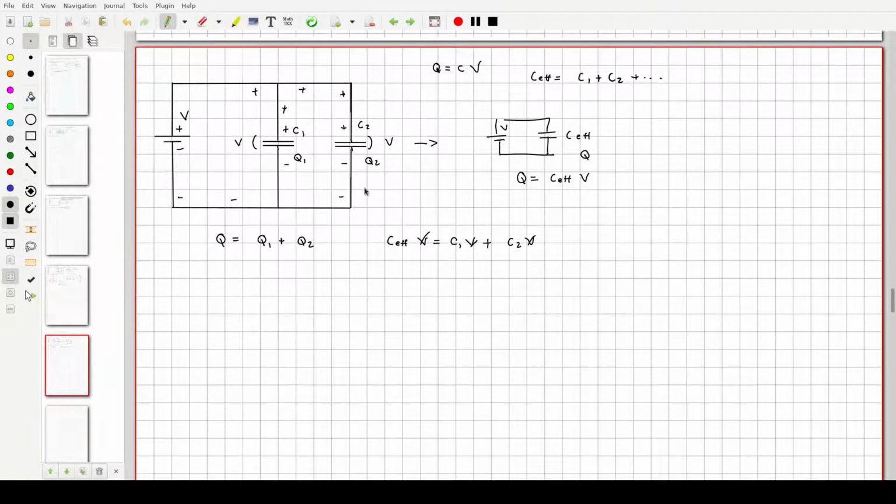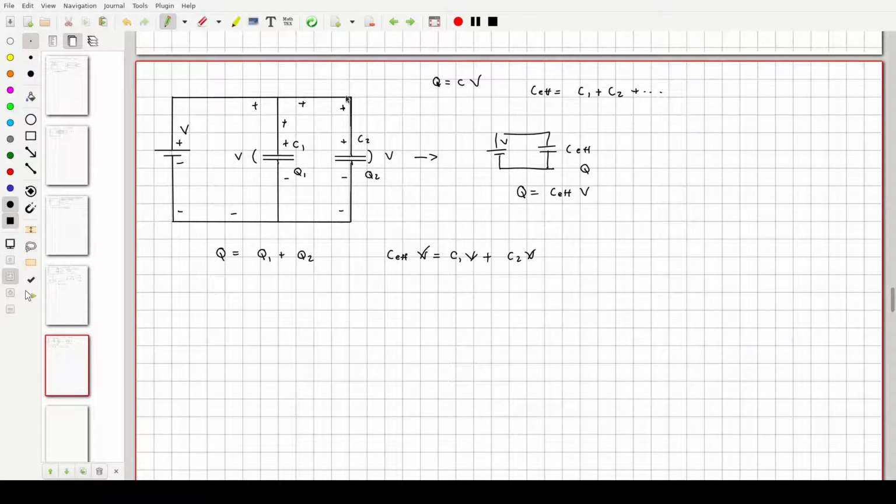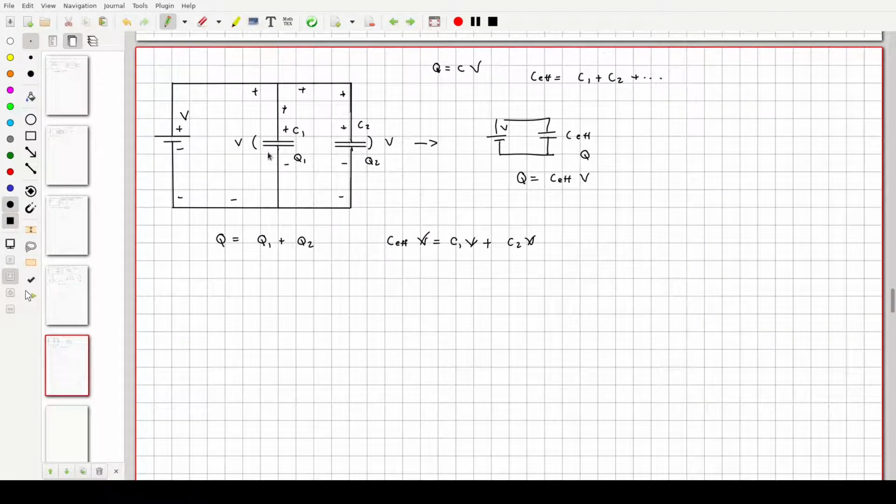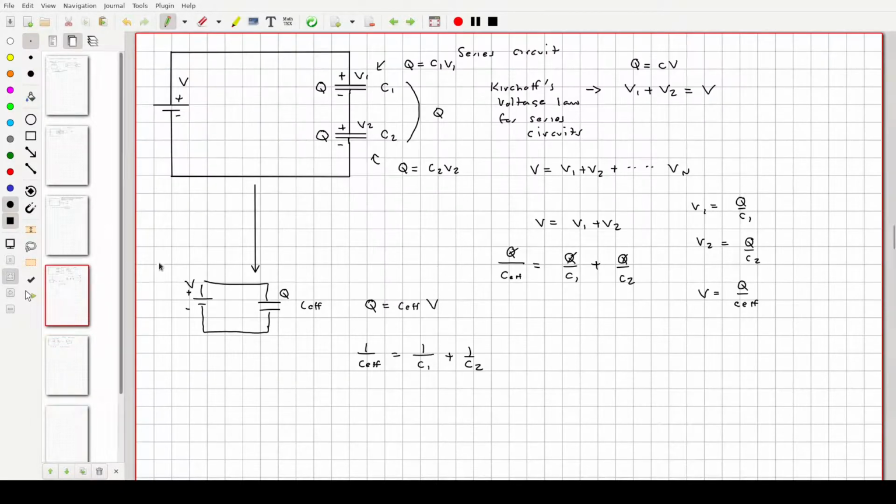Now, what I pointed out here with respect to the voltage, that's actually another one of Kirchhoff's laws. So here, Kirchhoff's voltage law for series circuits says that you add up the voltages.